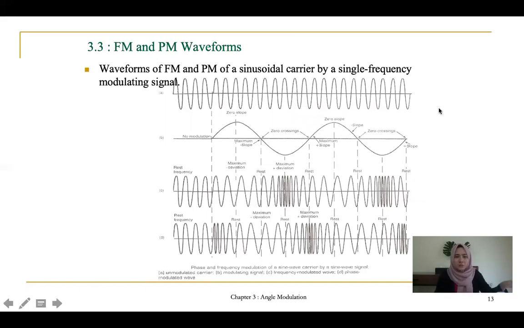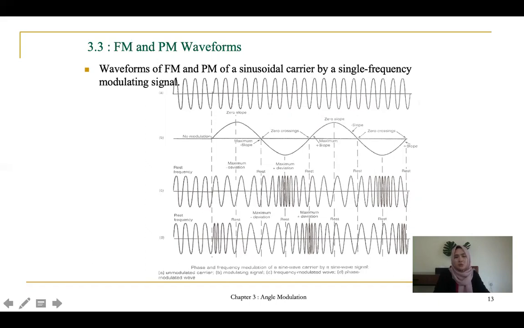Figure B is the modulating signal, the signal that you want to transfer. You know that this is the modulating signal because it has a lower frequency compared to the carrier frequency. C is the frequency modulated wave, and D is the phase modulated wave.